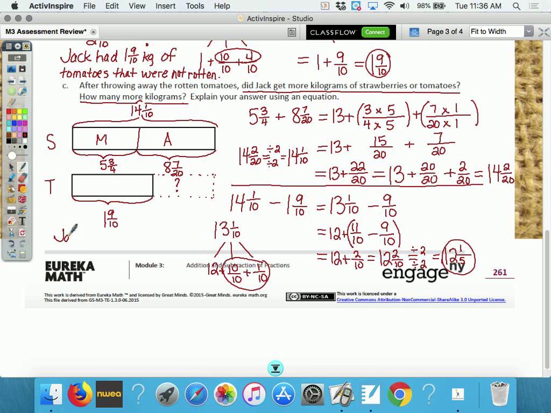So Jack picked how much more? 12 and 1/5 kilograms more strawberries than what? Good.